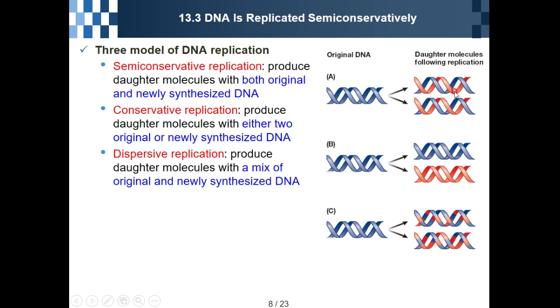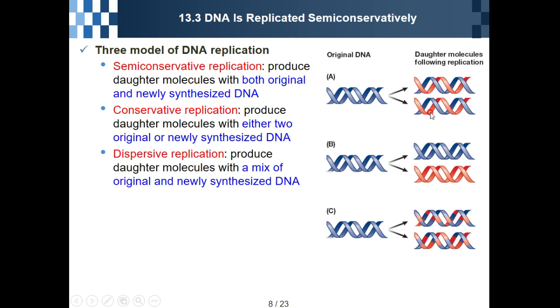Semi-conservative replication produces daughter molecules with both original strands, blue is original and red is newly synthesized DNA. Finally they will look like this. This is semi-conservative replication.